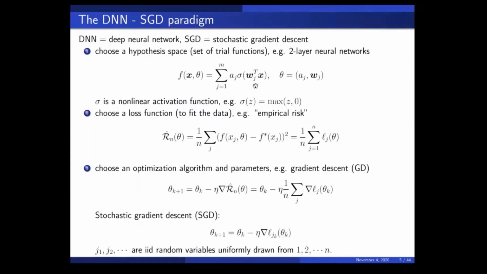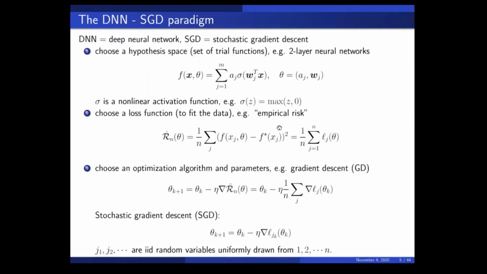And neural network because of this form, where sigma here is a nonlinear activation function. It's a scalar function. For example, this is a very popular choice. By choosing appropriate parameters, we can use these kinds of functions to approximate the target function f star. This is the first component.